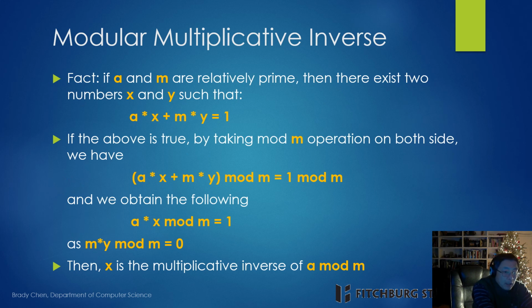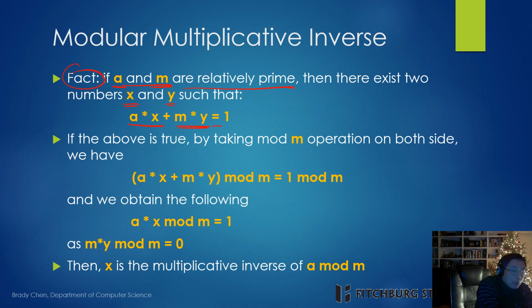Before we discuss this algorithm, let's first talk about some properties related to prime numbers. Suppose a and m are relatively prime. Then there exist two numbers x and y such that a times x plus m times y equals 1. This is always true.